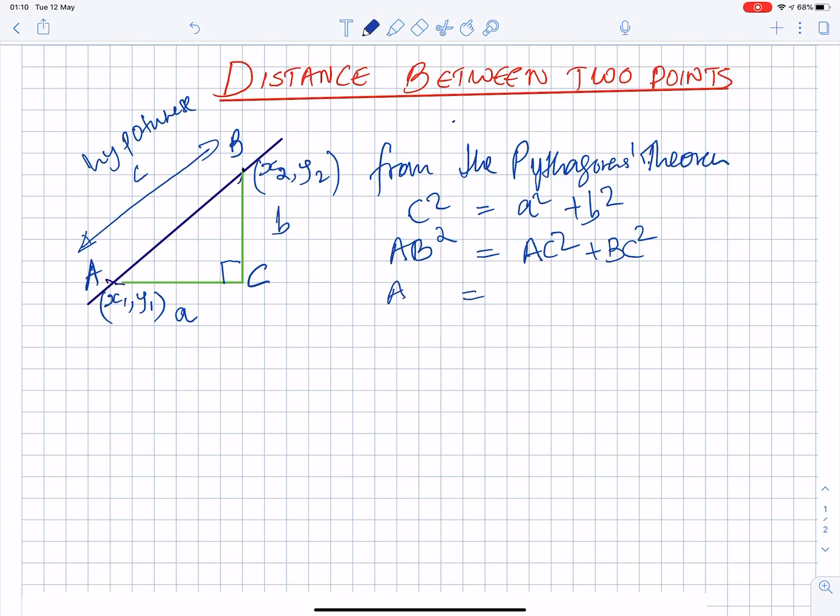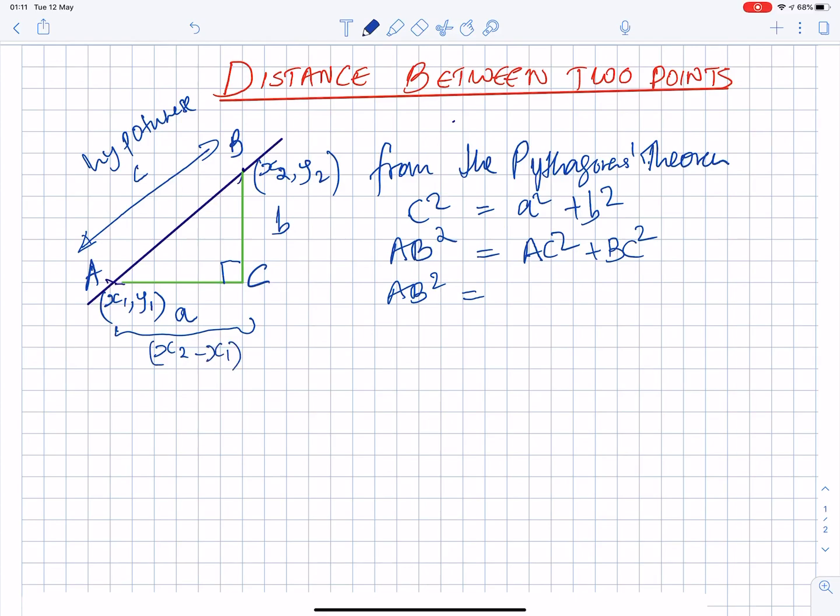So AB squared, I can say from this point, AC is the distance from here to here, and that's the x direction. So I can do that by doing x2 take away x1.